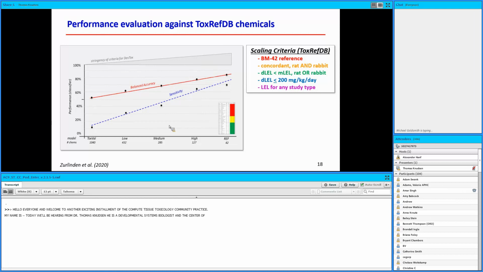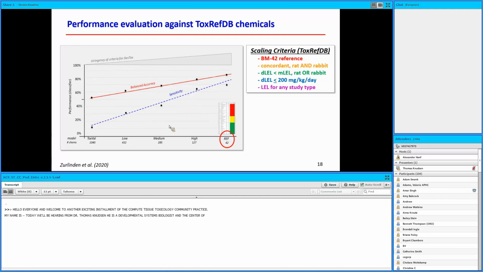And in fact, across the 1,000 chemicals we tested in this assay, we have animal data in the ToxRef database on 432 of them. And I'm just going to walk through this very simple looking slide, which I think is very informative. We're working from the right to the left. On the x-axis, the 42 chemicals I just mentioned are shown there. That's actually the peak performance that we see, which is about 82% balanced accuracy.